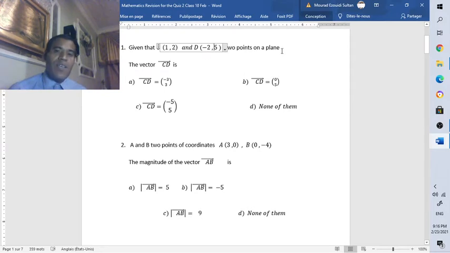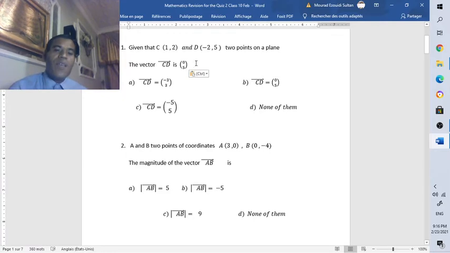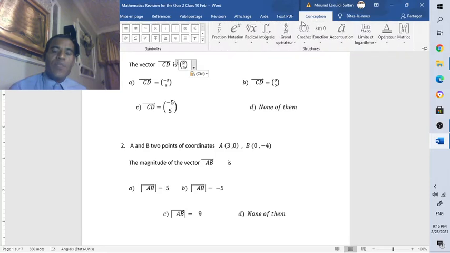Let's do this here. I'll just make one copy, then I will explain this to you first, then I will move here, then I will go to insertion, because I want to insert a symbol. Then I will move to this one.